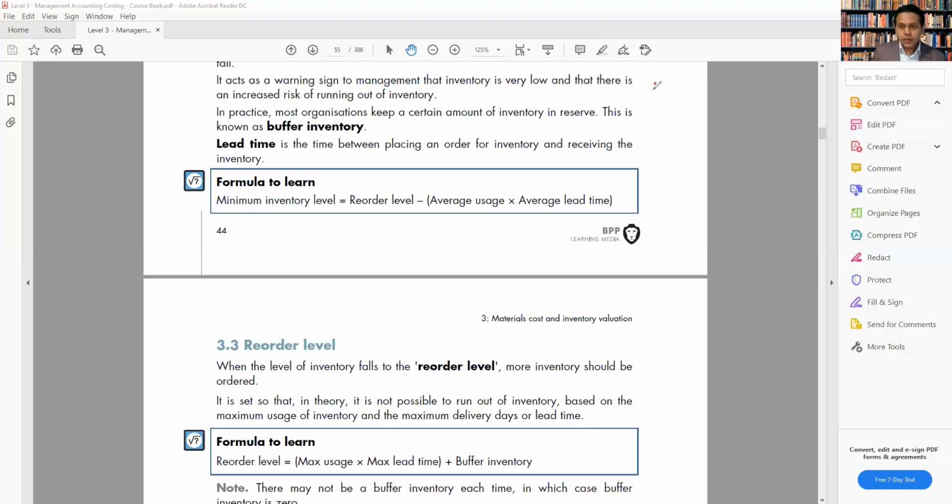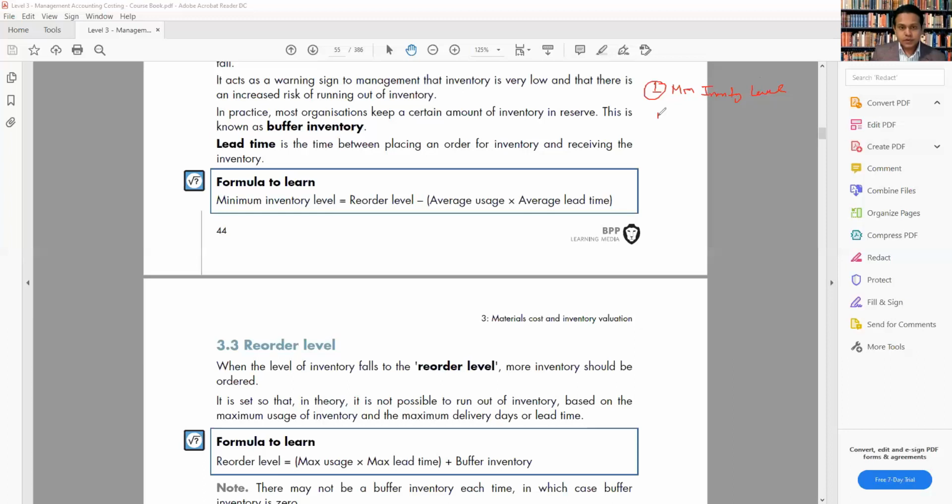The first formula, number one, is called minimum inventory level.